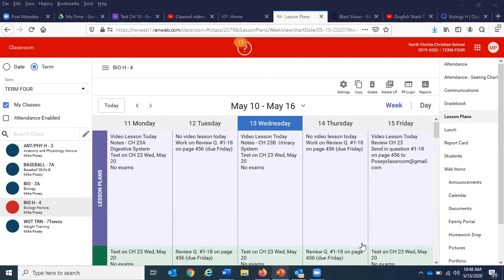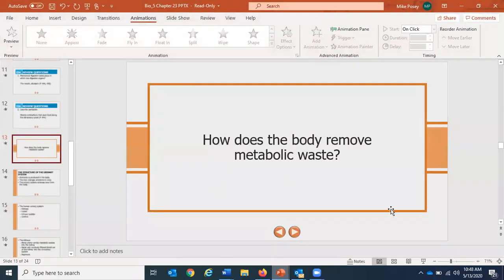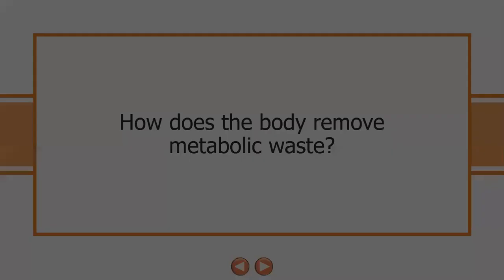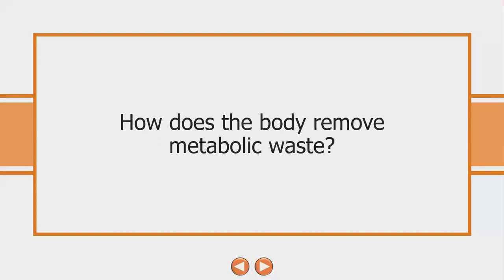As I said, we're on part B, which is the urinary system. So how does the body remove metabolic waste? We talked about metabolism in section A and the digestive system. We take in food, we digest it, and it's broken down physically and chemically, both.